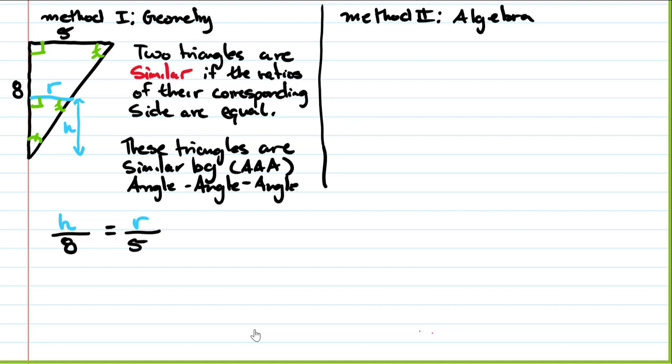So I can then solve this for r by multiplying both sides by 5. So r is equal to 5/8 h. So that gives us a relationship between r and h, right? So the radius will always be 5/8 of the height.